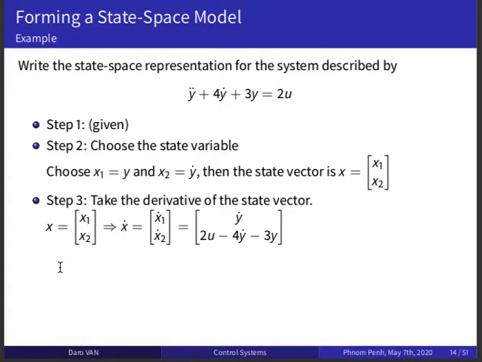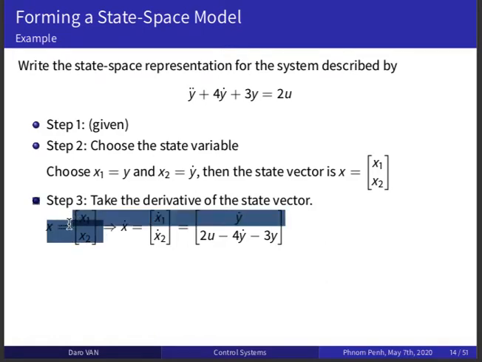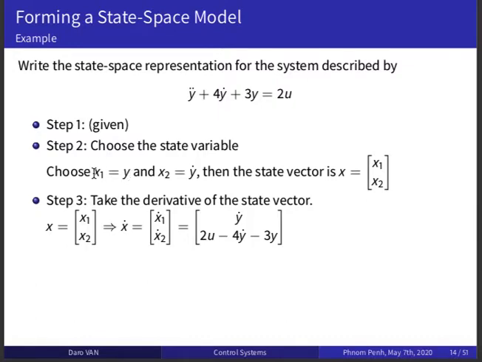Step number 3 is to take the derivative of the state vector. So we have x, and you take the derivative with respect to time, you have x1 dot and x2 dot. x1 dot is just y dot, and x2 dot is y dot dot, which you get by taking the derivative one more time with respect to time.